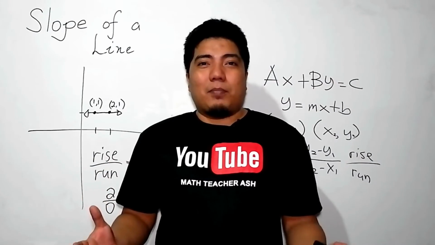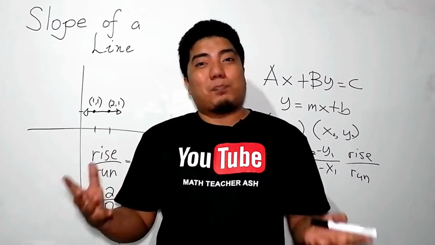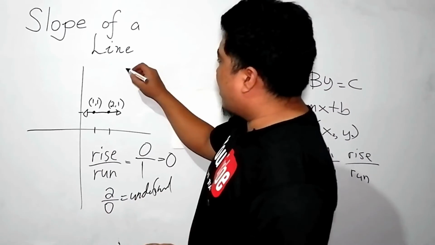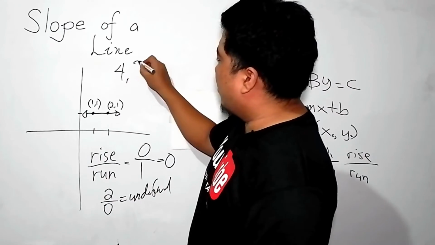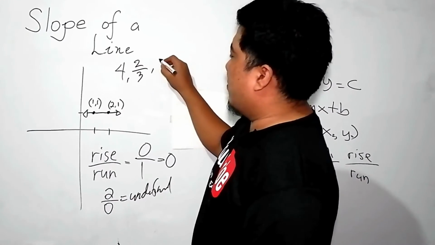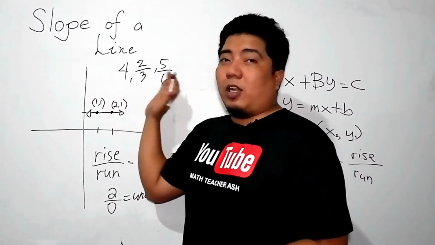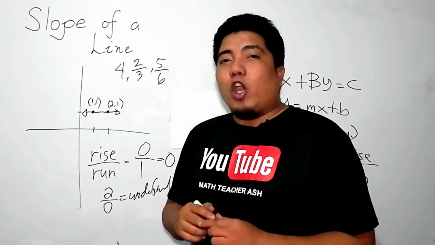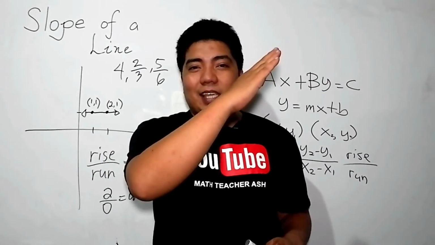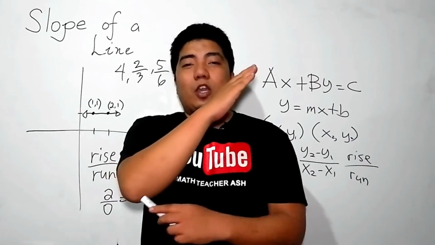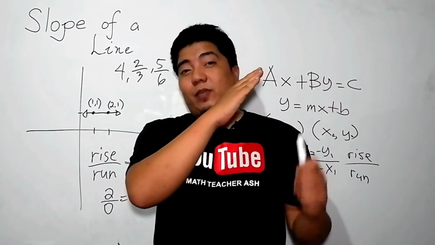But if you have a real number for the value of your slope that is positive, like, let's say, 4, 2/3, 5 over 6, these are all positive numbers, meaning your graph is increasing. Okay? So this is what your linear equation looks like in the graph.